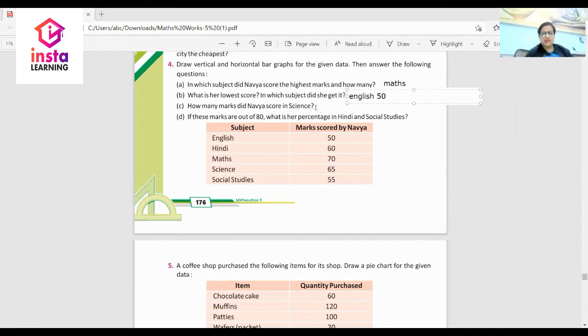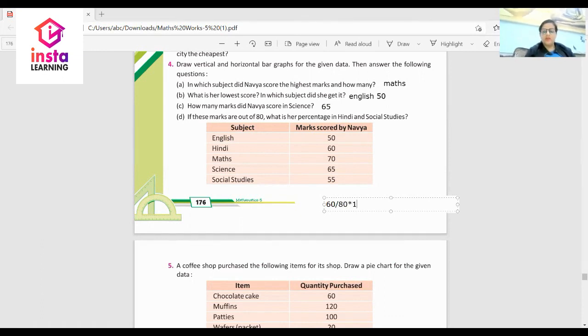How many marks did Navya score in science? Science is 65 marks. In this, if the marks are out of 80, what is her percentage in Hindi and social studies? So what you have to do is, for Hindi, you have to write 60 upon 80 into 200.